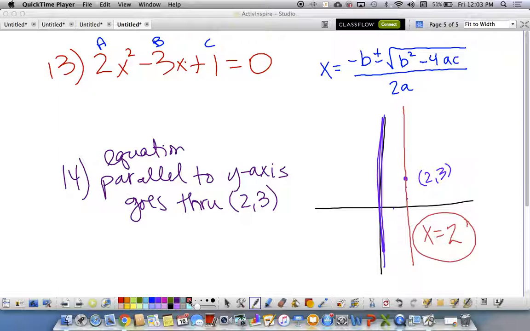Can you solve number 15? What are you going to do? When it says solve algebraically, it just means solve it. It gives you a y equals. What should you do if it gives you a y equals already? Substitute it in. So then you have y equals x squared plus 1 and y minus 2x equals 0.